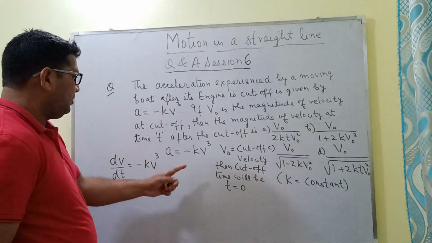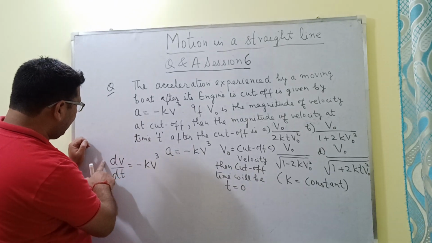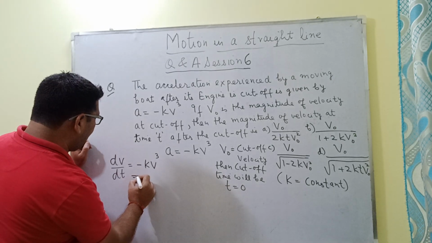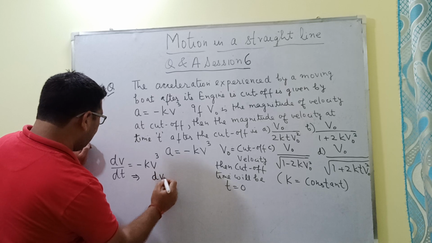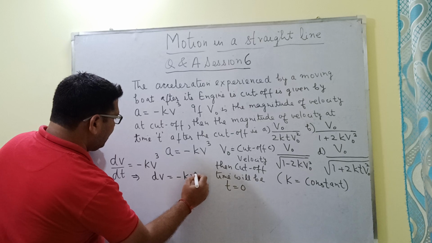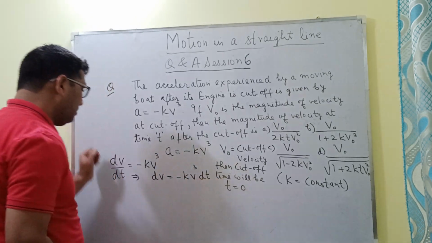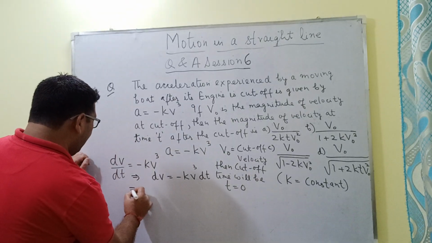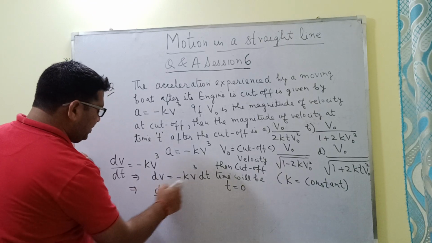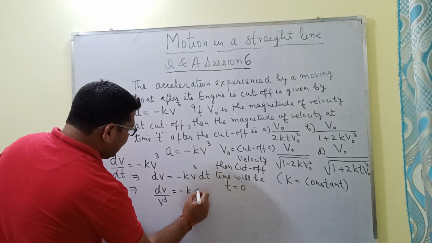So now here what we will be doing is, this dv upon dt is equal to minus k v cube. So I will be writing this expression as, it implies that dv upon v cube, I have taken this v cube on the left hand side of this equation, is equal to minus k dt.